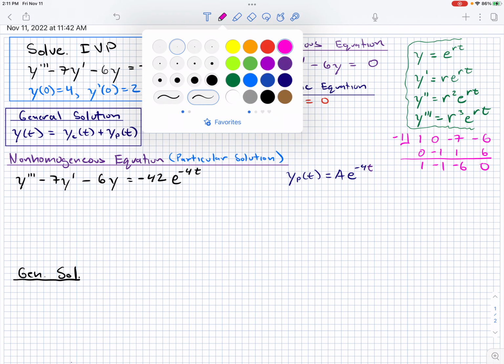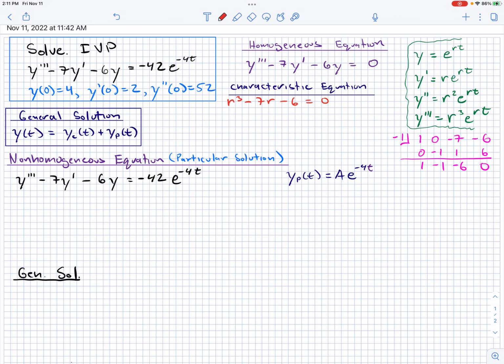So now we have all we need to factor the polynomial, knowing that r plus 1 is a factor times r squared minus r minus 6, and that's equal to 0. And r squared minus r minus 6 factors nicely to r minus 3 times r plus 2.